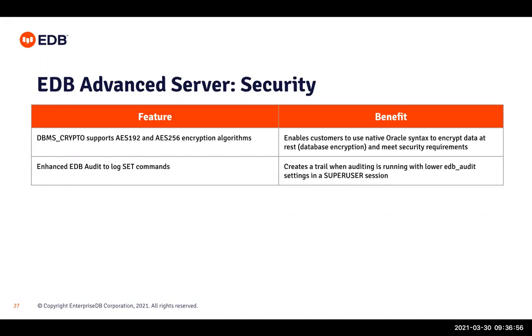But now the audit actually contains that command so that you can see that it's happening, that someone has logged in as a superuser and changed the audit level, so that you can follow up on whether that was supposed to happen and why.